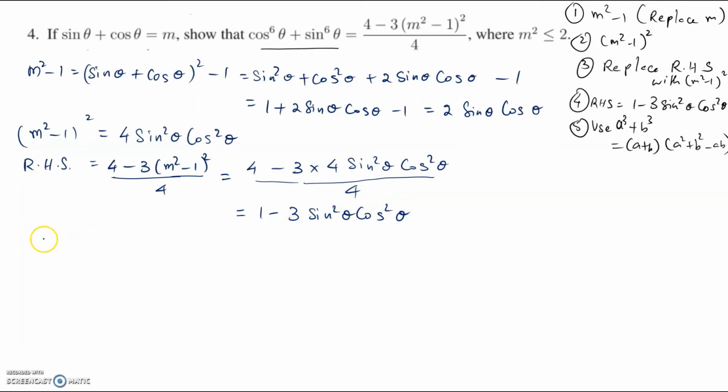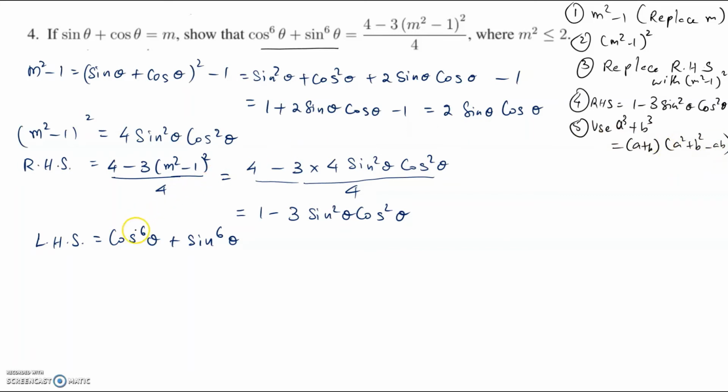Now let's take the left hand side. So the LHS is cos to the power 6 theta plus sine to the power 6 theta. What we would do here is, as in step number 5, we will use this equation, which is a cube plus b cube is equal to a plus b into a squared plus b squared minus ab.